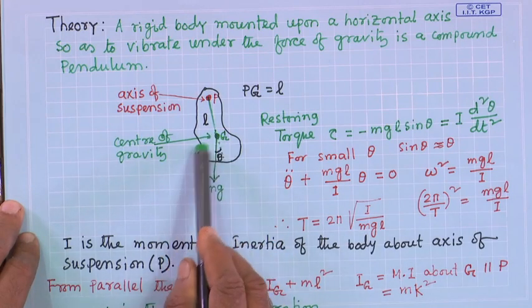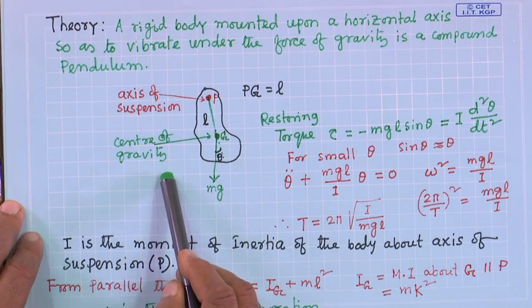So, mg sin theta is the restoring force.